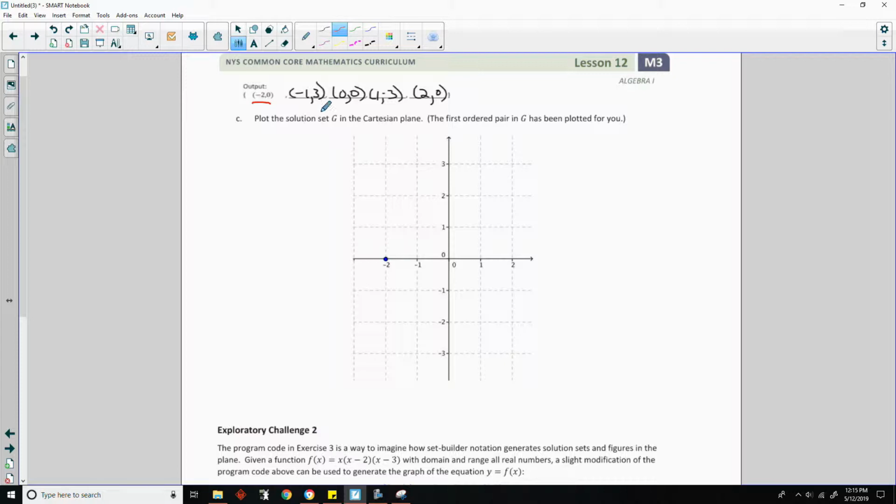We're going to plot -1, 3, over 1, up 3, and it's right here. Plotting 0, 0 is the origin, is right here, and then 1, -3 is here, and then finally over 2, up 0 is right there. So there is plotting the solution set to the function that was given on the prior page.